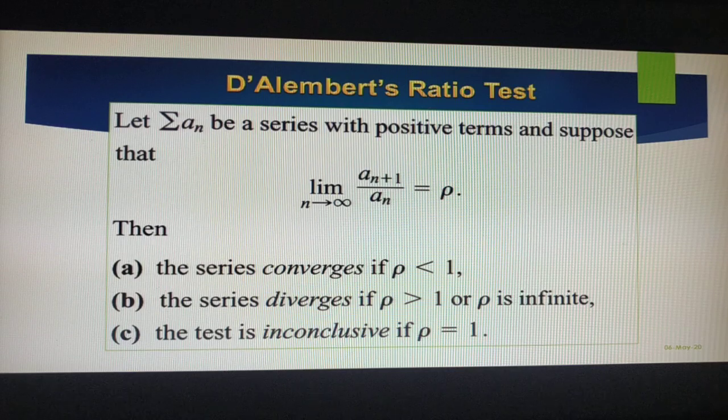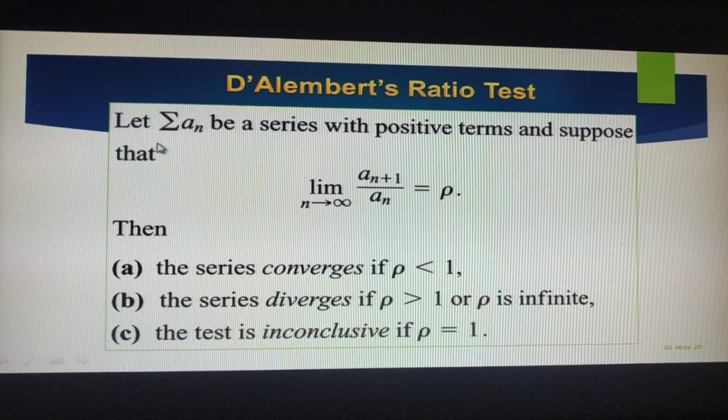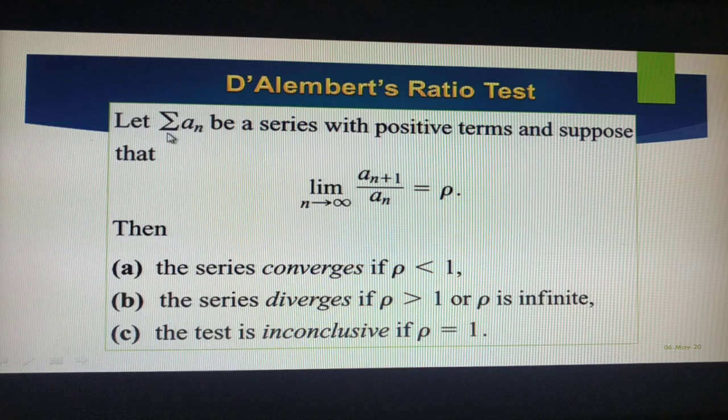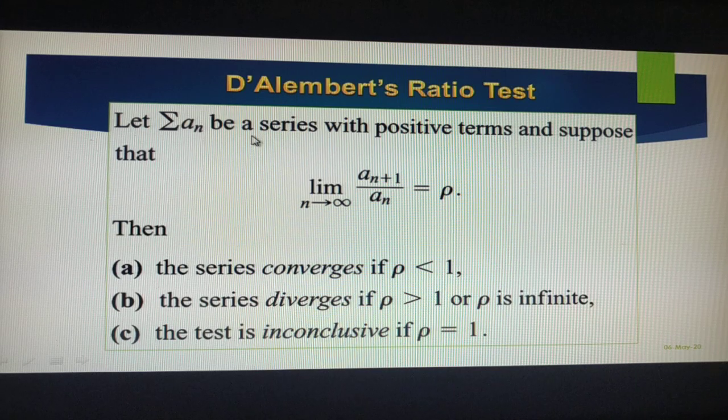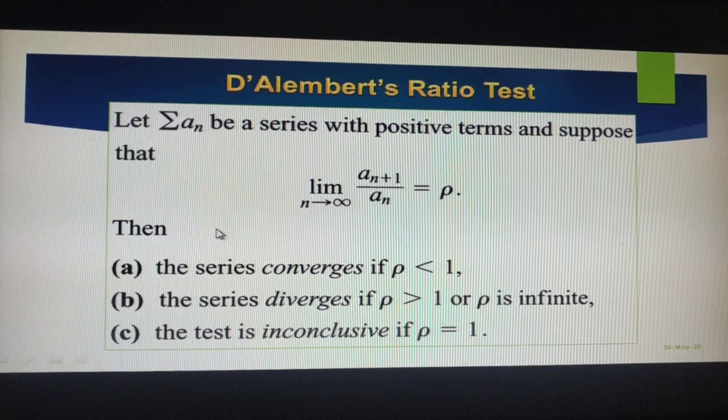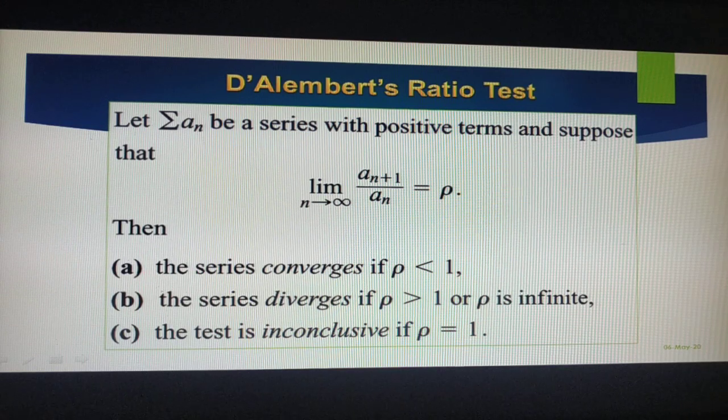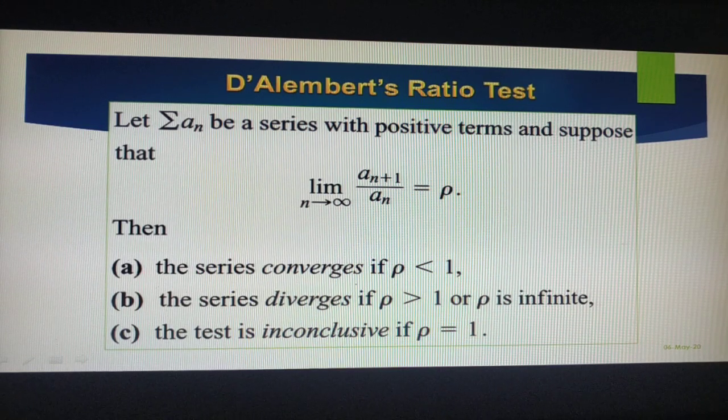The statement of the D'Alembert ratio test is as follows. Let sigma an be a series with positive terms, and suppose that the limit as n tends to infinity of an plus 1 by an is equal to rho. Then the series converges if rho is less than 1.